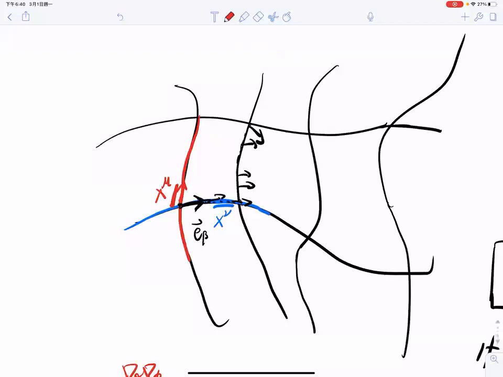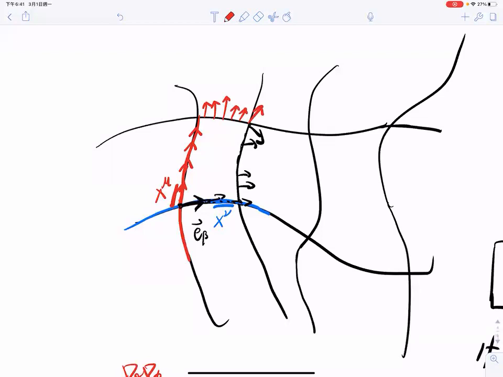So again, the red line, we try the red line to be another path to do the parallel transport, and the red line would be something like this. Okay, redraw it. Finally, would be something like this.